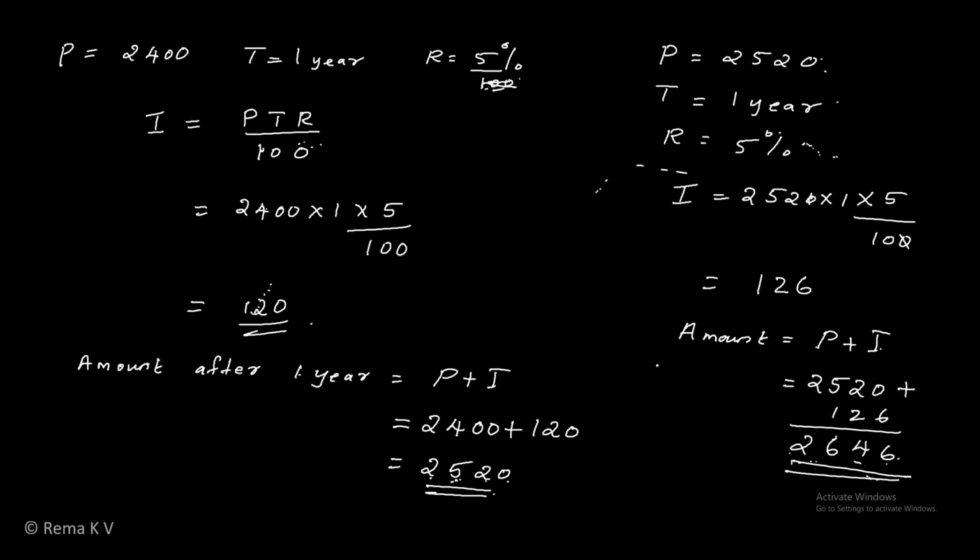If we follow this method, it will take a lot of time, isn't it? So we need a shortcut for this, or we are having a formula to find the compound interest. And now let us see what is that.